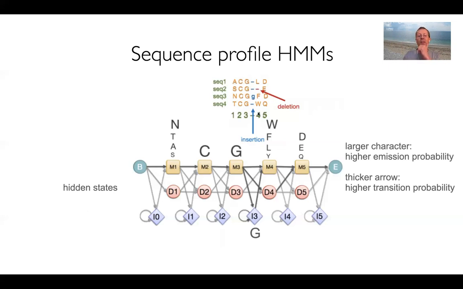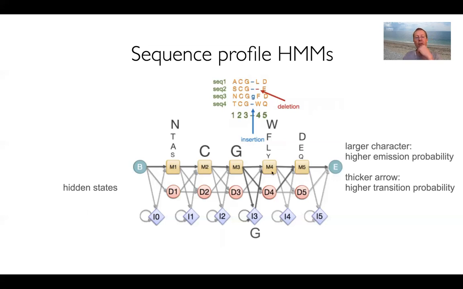Now, how would you represent such a thing as a hidden Markov model? Well, here is the typical design. All of these are hidden states. But you see, the architecture of the HMM is a bit more involved than, for instance, the Alice and Bob architecture.